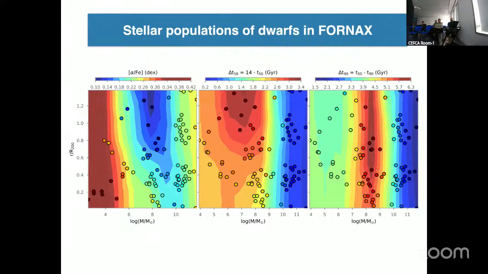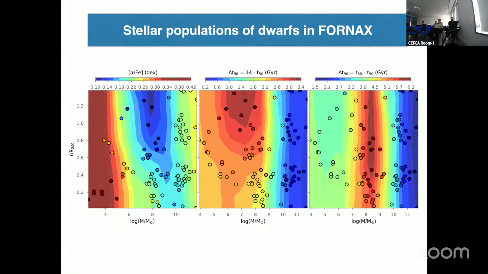Here we have the alpha enhancement in color. This is the alpha enhancement, position in the cluster, and mass. This is the formation of the first 50% of the stars and the formation of the last 50% of the stars, basically. So when you form the first 50% of the stars, for galaxies below 10 to the 9, there is a relation with the position in the cluster.